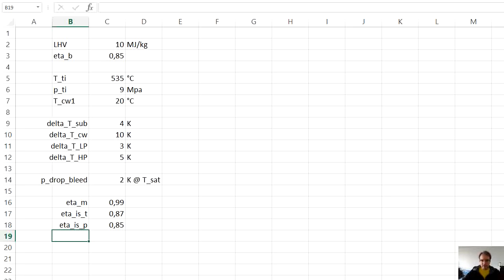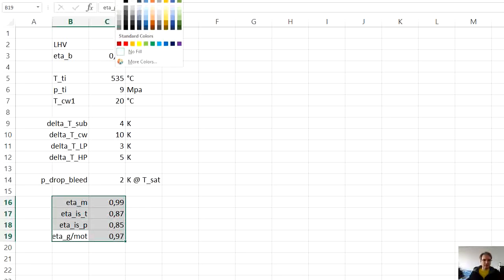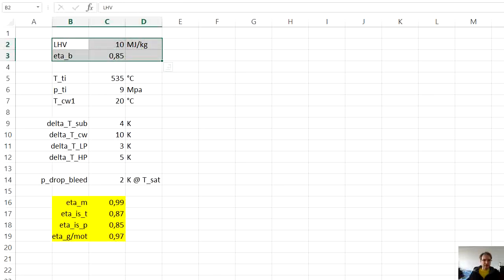And lastly, we need to consider the efficiency of the motors or generators. The efficiency of the generator or motor will be in our case 0.97. So by this we have specified our boundary conditions.